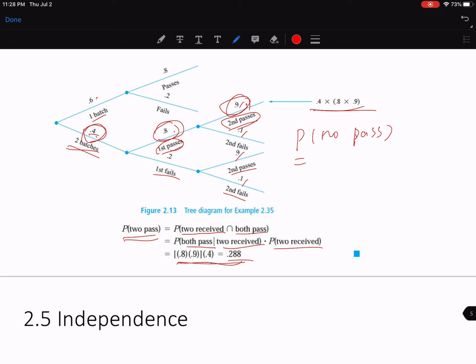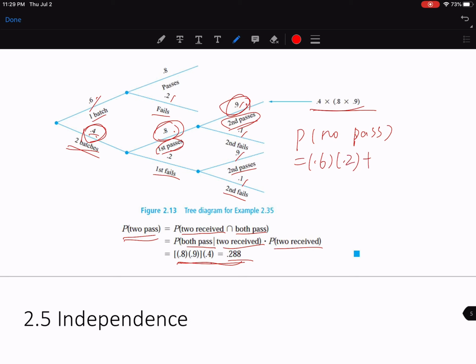If there is no pass, it could be only one batch received, or it could be two batches received. So if we think of only one batch received and we want to find the probability of no pass, the probability of one batch received is 0.6, and the probability it fails is 0.2. So that would be 0.6 times 0.2, and then plus.